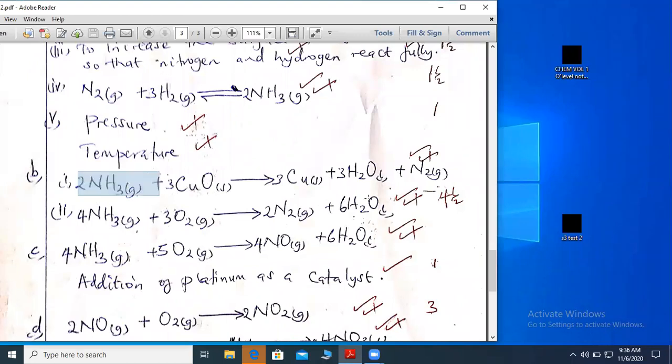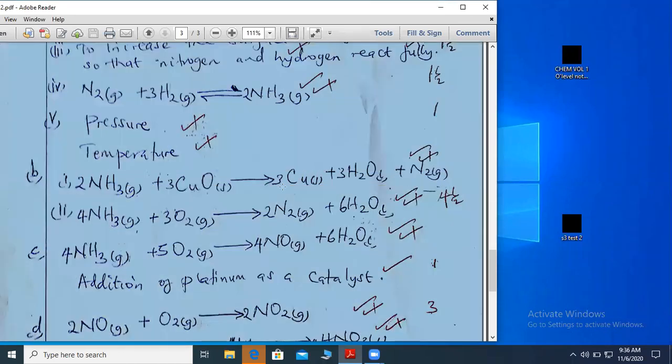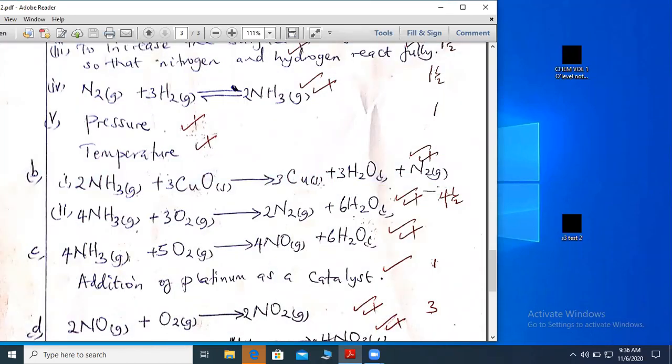This was the best equation for us to write because we saw this. So ammonia plus copper 2 oxide, the product is copper. That means ammonia has clearly reduced copper 2 oxide to form copper, and itself has been oxidized to nitrogen.